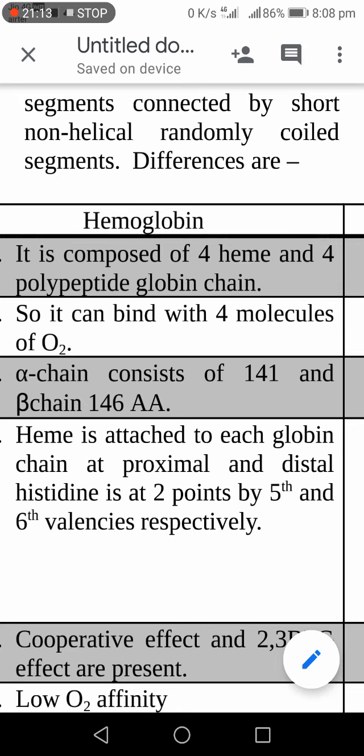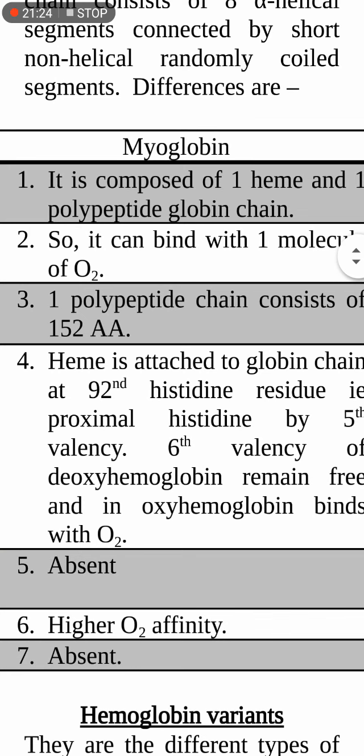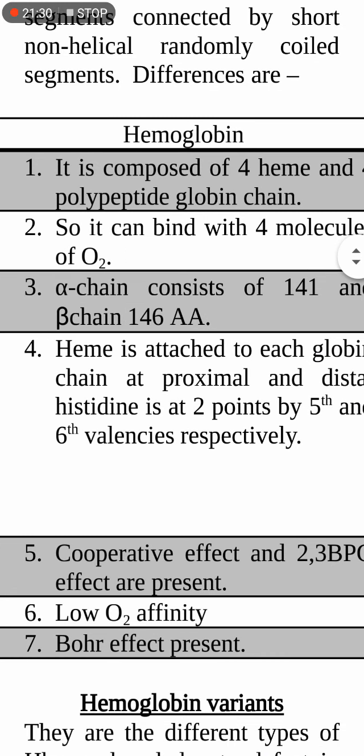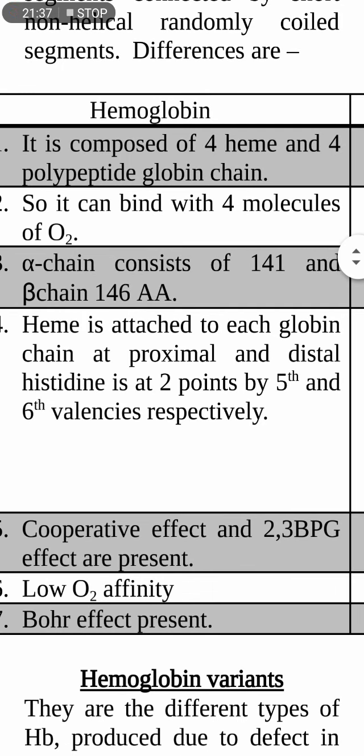Then in the case of hemoglobin, the alpha chain is composed of 141 amino acids and the beta chain is composed of 146 amino acids. Myoglobin is composed of 1 polypeptide chain of 153 amino acids. Next point, in hemoglobin, heme is attached to each globin chain at the proximal and distal histidine by the 5th and 6th valence respectively.